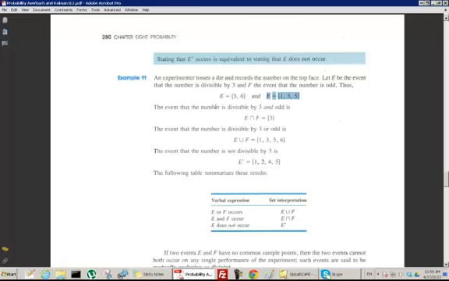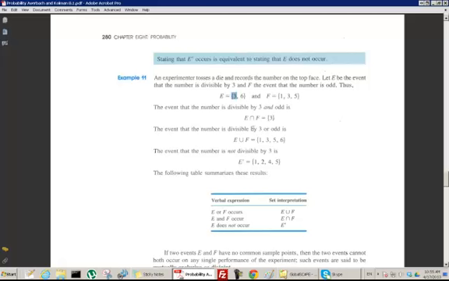So the event that the number is divisible by 3 and odd is the intersection of these. In other words, the intersection is the same as the word and. So E and F is the intersection. It's the only time the event that the number is divisible by 3 and odd, that's only a 3, right? And that's E intersect F.